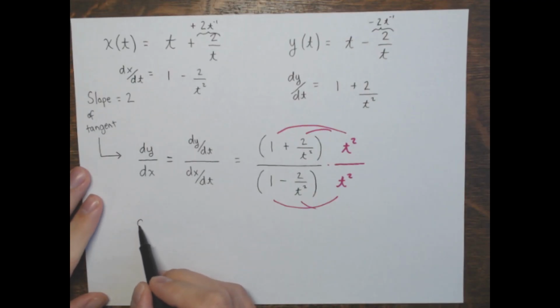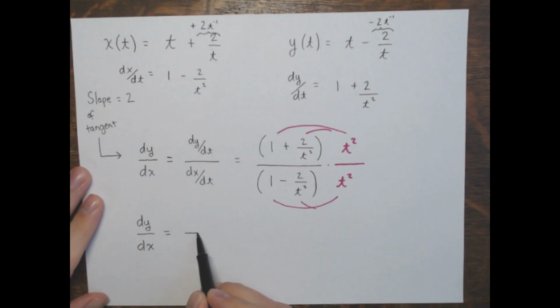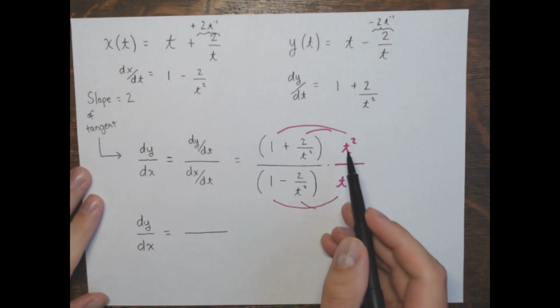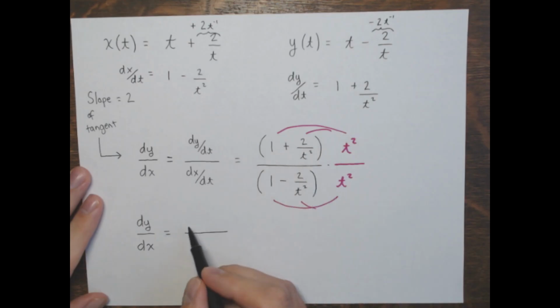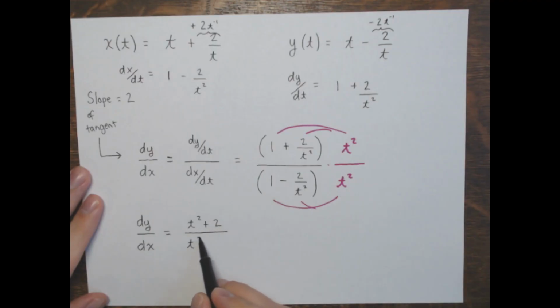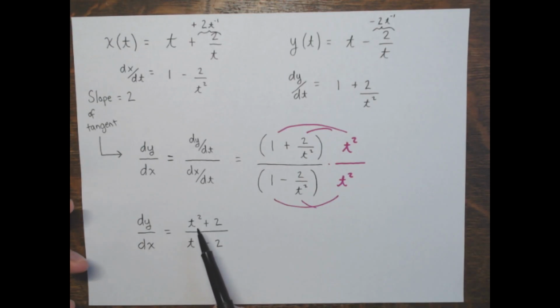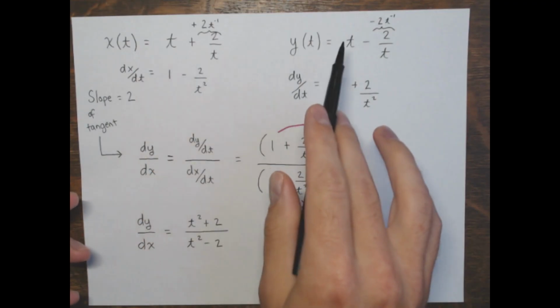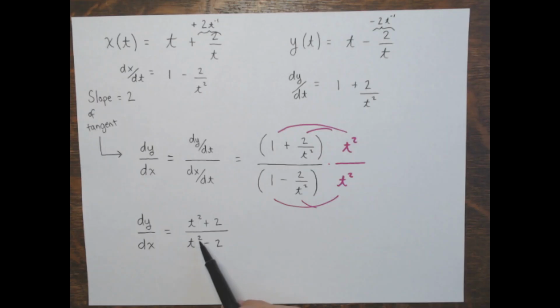So slopes of tangent lines to this curve are represented by the following expression involving parameter t. You have t squared plus 2 in the numerator and t squared minus 2 in the denominator. So yeah, this would give me slopes of tangent lines to the curve traced out by these equations. You just would have to know the value of the parameter at that particular point.